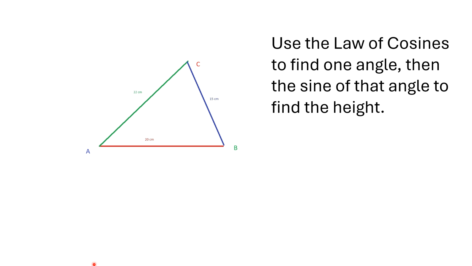Now, I'm going to first use the law of cosines. And then I'm going to have my height here, h. I'm going to use the sine of this angle, which is opposite over the hypotenuse.